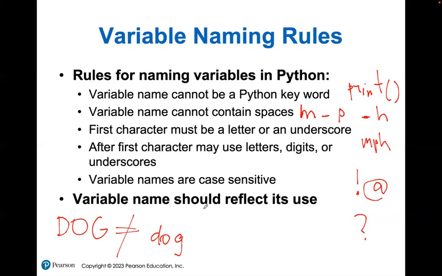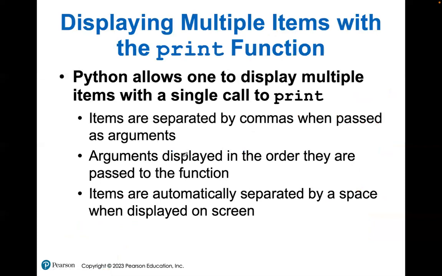Name your variables based on what they store. If you have a variable that stores age, name it age. You do not have to name it something that doesn't make sense. For example, if you have a variable called name and it stores a number, well, that doesn't really make sense. A name should be a string, right? A name should store somebody's name. It cannot store a number.